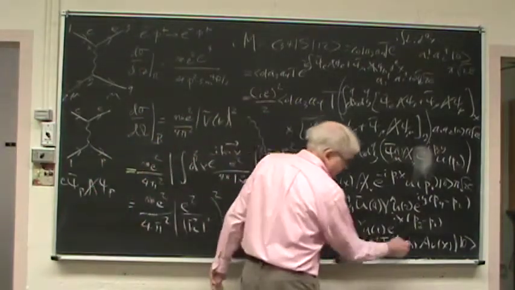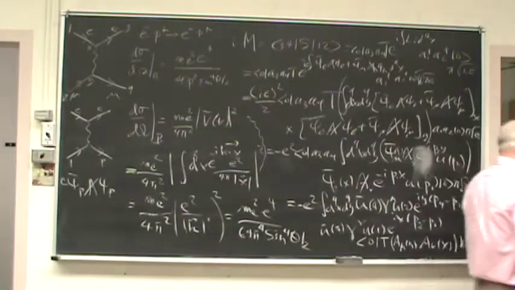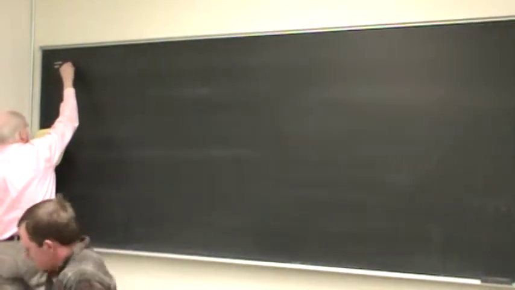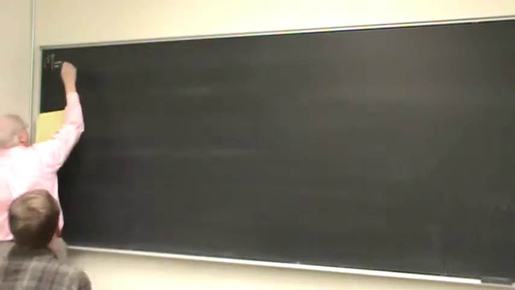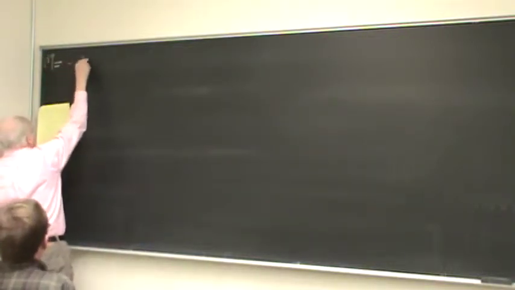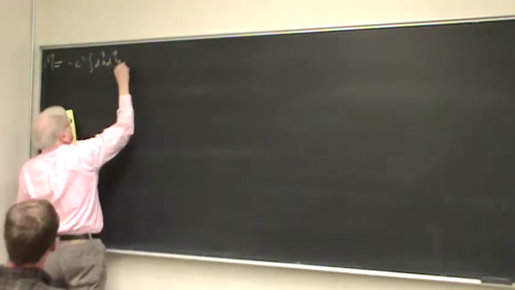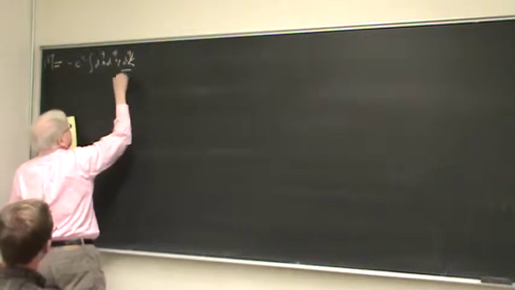Well, of course, this term here is just the photon propagator, and so what we have then is that this is equal to, in fact, I can call this I actually. It's minus e squared, d4x, d4y, d4k over (2 pi) to the 4th.